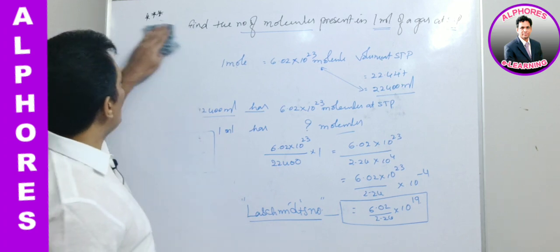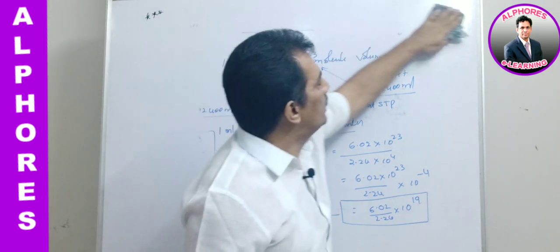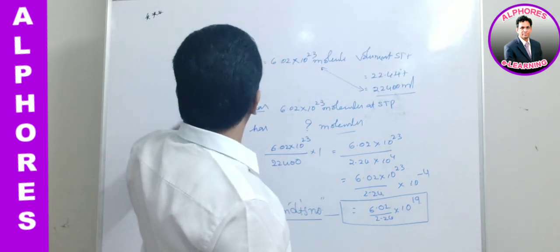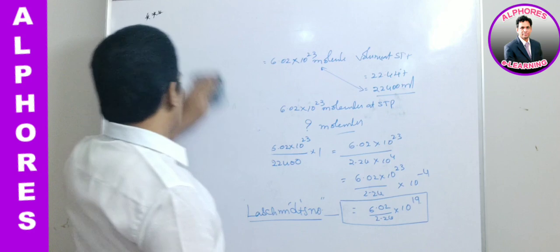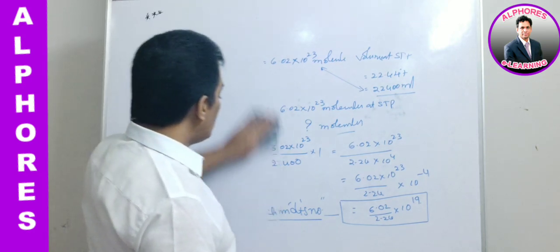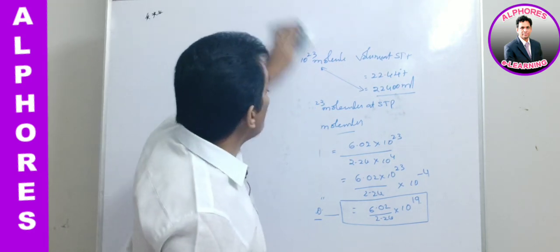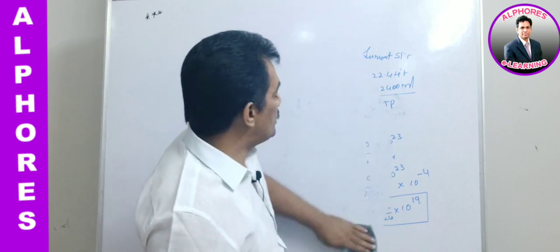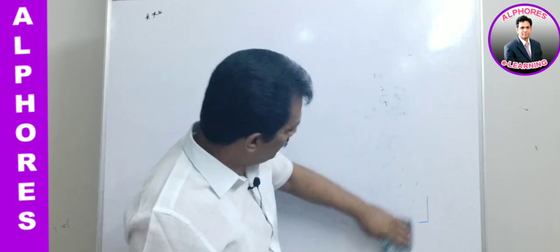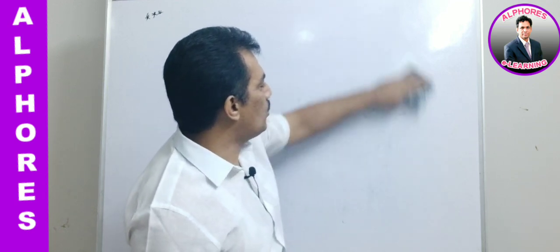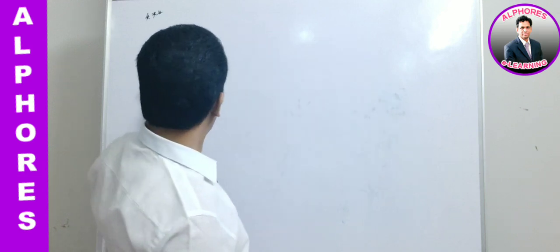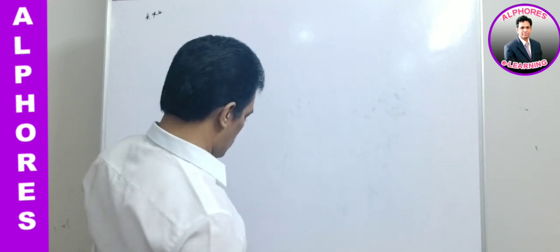Now, one more logical question which is of competitive interest: if they are asking what is the volume of one molecule of Cl2 or O2 or CO2, whatever it may be, all these molecules are occupying the same volume. That's why we need not consider the nature of the gas.